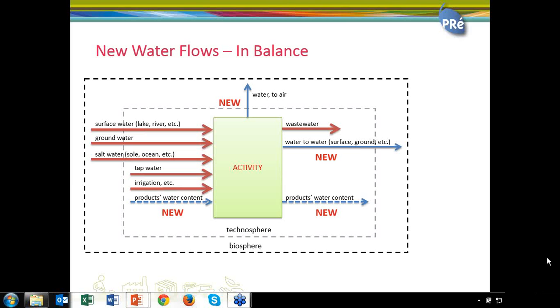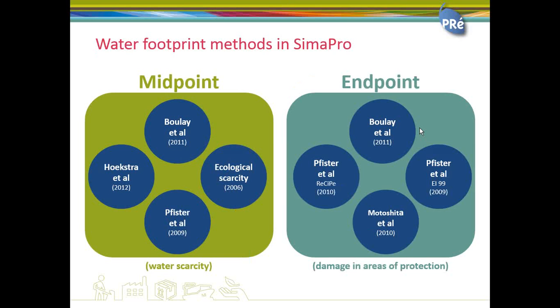Right. Okay. So a couple of different additional questions have come in. Which method or flows do you recommend to calculate a water footprint? I don't think we're allowed to say, but they all have their pros and cons.